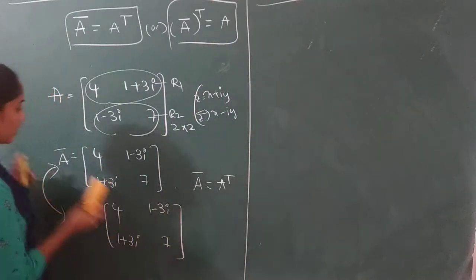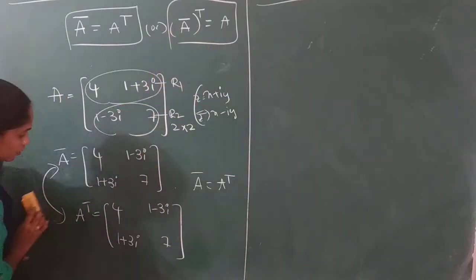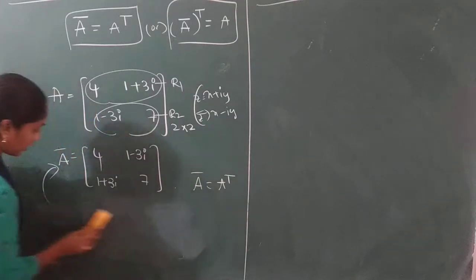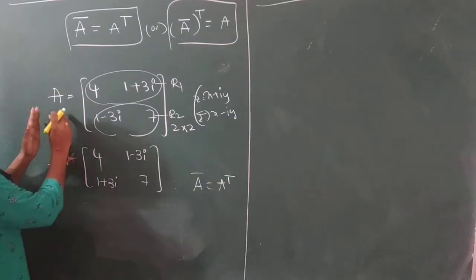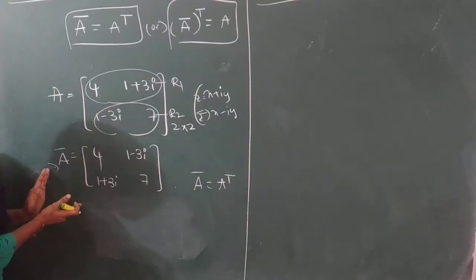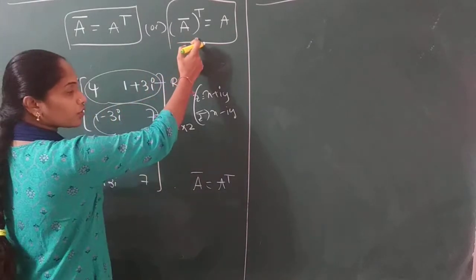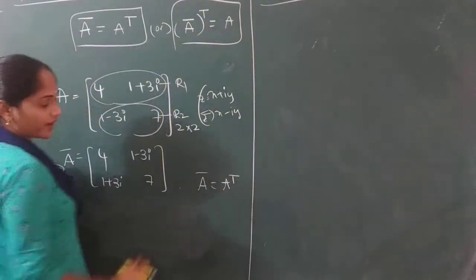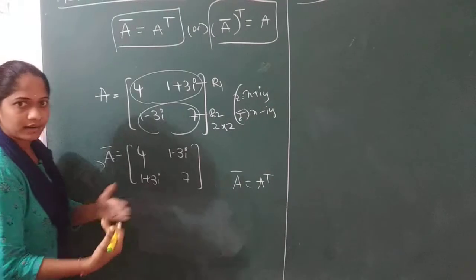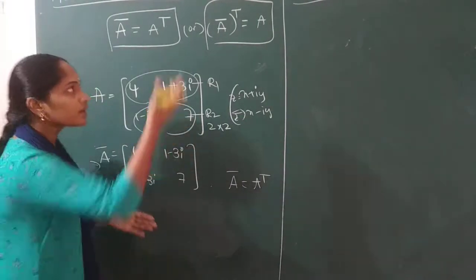For this example, you can check the other condition also. Let's see how we find A conjugate transpose. This is your A. Here we found A conjugate. Then you have to find the transpose of the conjugate.